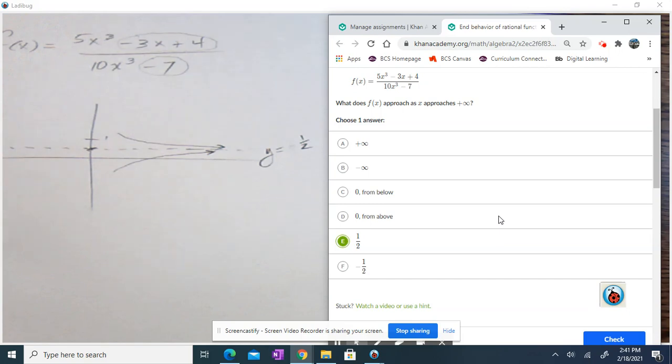Now, let's take a look at the graph on Desmos. Just for your own sanity, because you can easily get these wrong, and as you can see, there are like 6 choices here, I would definitely take your time and graph it on Desmos as well. So let's take a look.